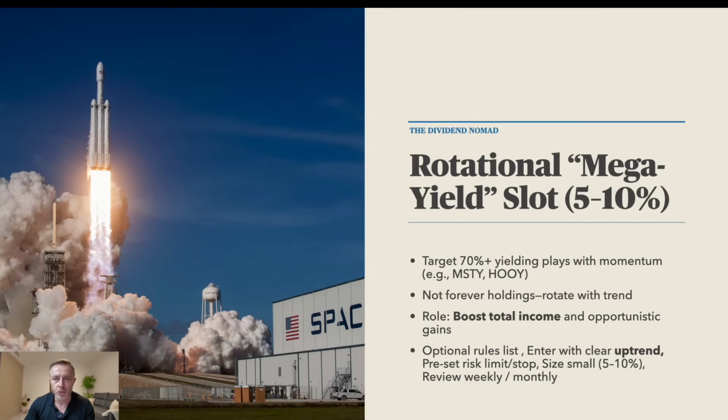How much money are you willing to lose trying to catch this momentum, this uptrend, in case you're wrong, because you can't be right 100% of the time. And also, I keep the size small, 5 to 10% of the portfolio. Don't have a lot of weight in these single stock mega yield slots, right?